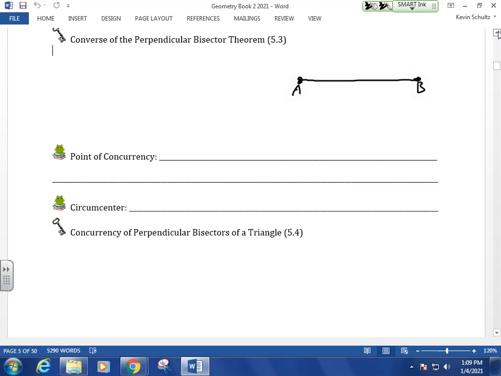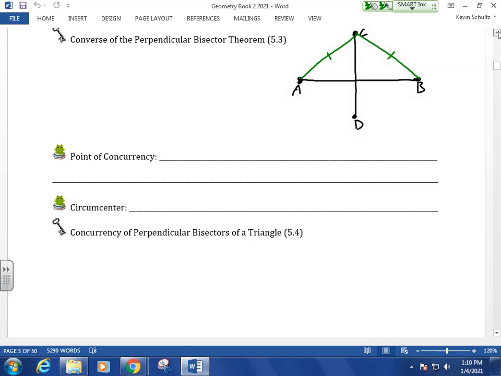So in this case, the segment that I'm going to draw through here is going to be in black because right now there's nothing special about it. Okay? But if we know that point C is equidistant from the endpoints of the segment, you'll kind of notice this is now the opposite of what we knew and could conclude in Theorem 5.1, because this is the converse. This is just the other way around.